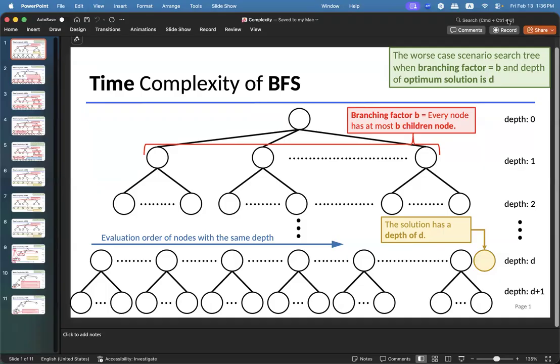We make some assumptions first. When we want to work with abstraction, we need to create some symbols. First we create the branching factor. The concept of branching factor essentially defines how many children a node can have.